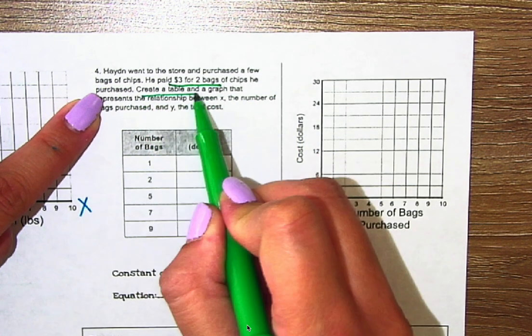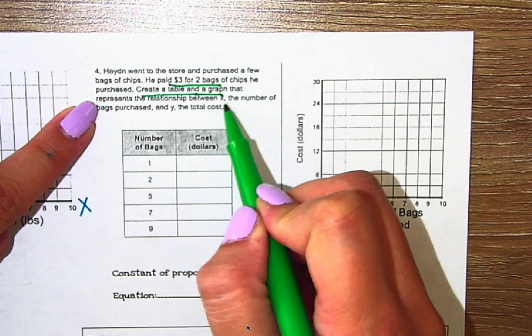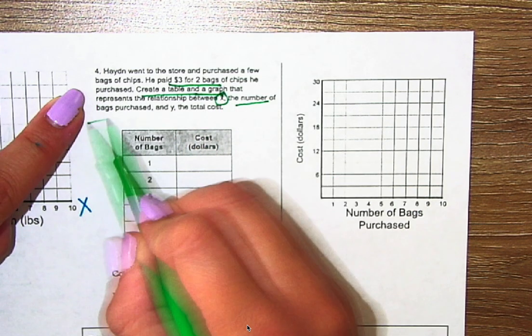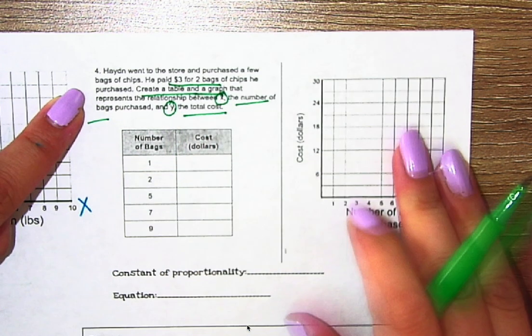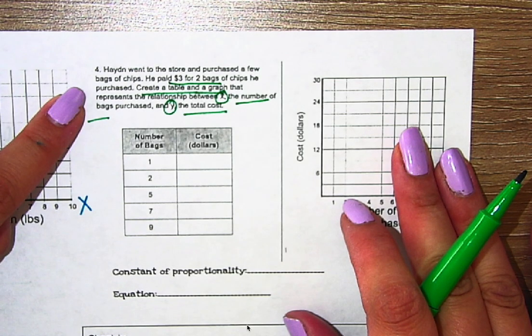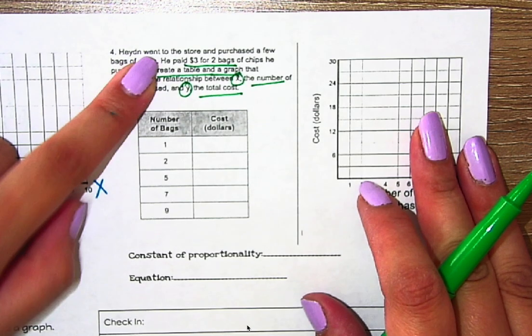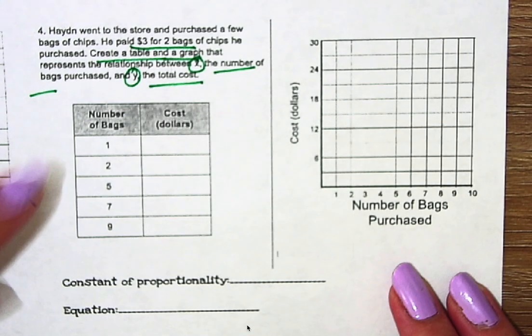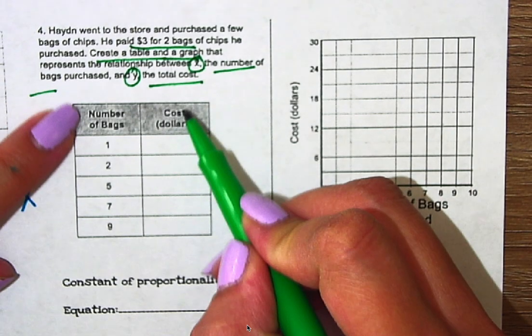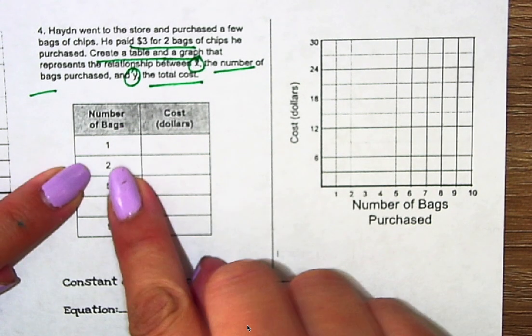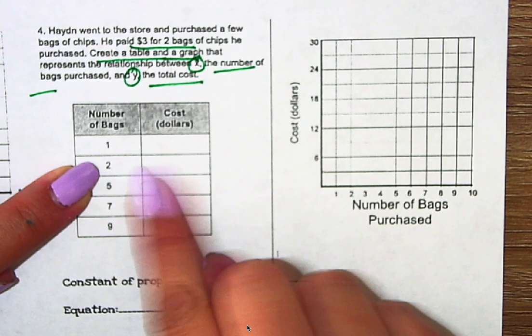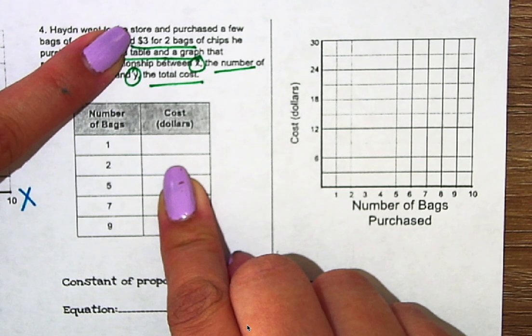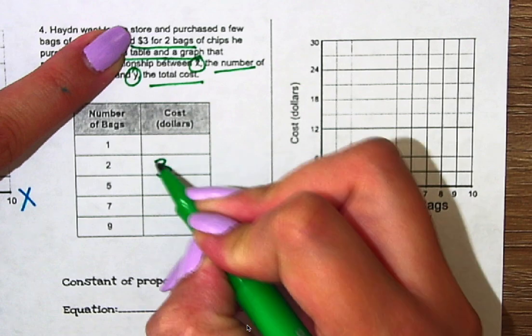Create a table and a graph that represents the relationship X, the number of bags, and Y, the total cost. Okay, so here it's giving us information. It's telling us that for $3 he paid for 2 bags of chips. So if I look over here at my number of chips, if he got 2 bags, then he paid how much? It says right here, $3.